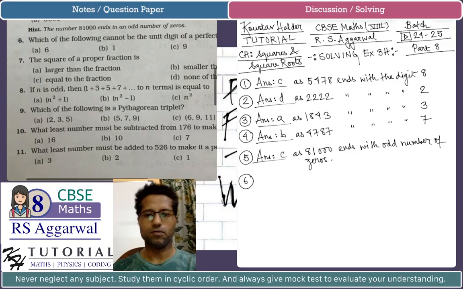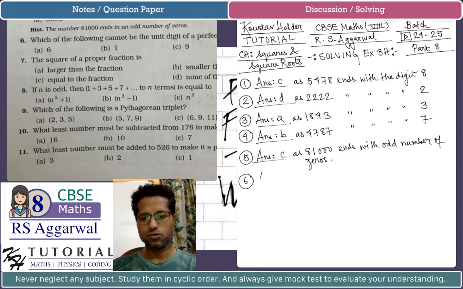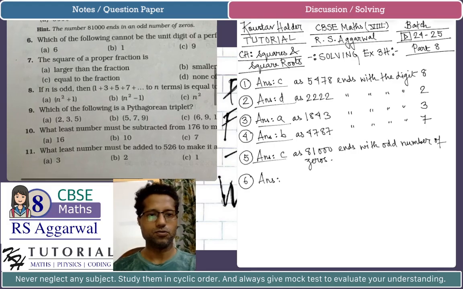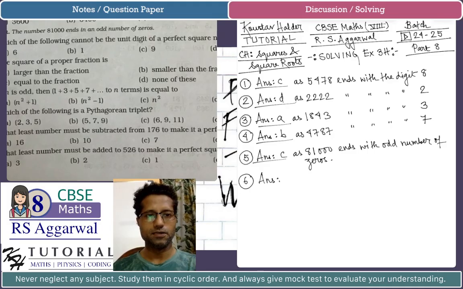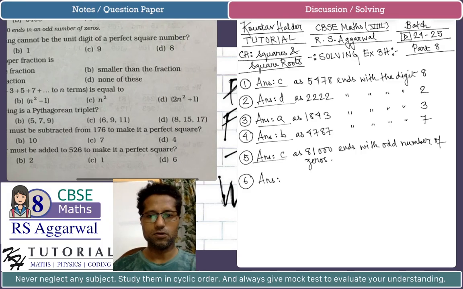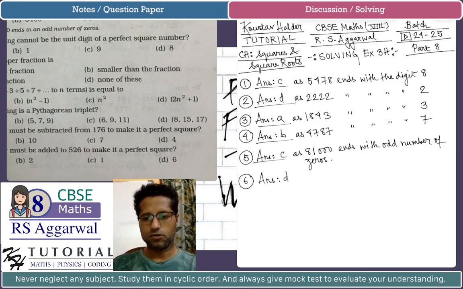And we know that those digits are 2, 3, 7, 8. So we have to choose the choice which is any one of those 4 digits, that is 2, 3, 7 or 8. So the correct choice is D.